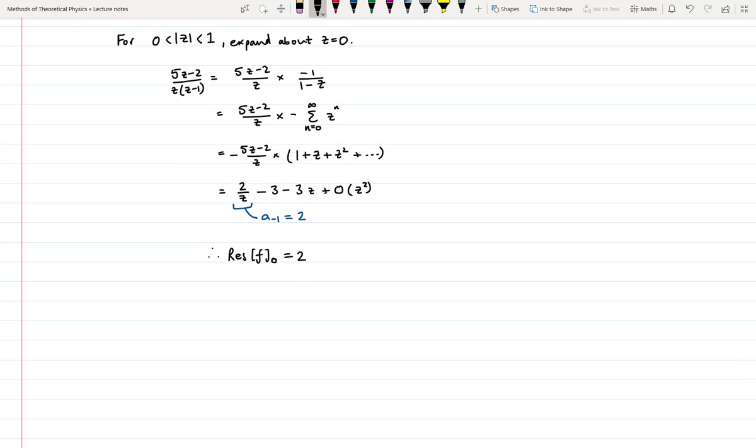Next we need the Laurent expansion about the other singularity at z equals 1. So that neighbourhood is described by this expression. We're going to let epsilon equal z minus 1 and expand in powers of epsilon.